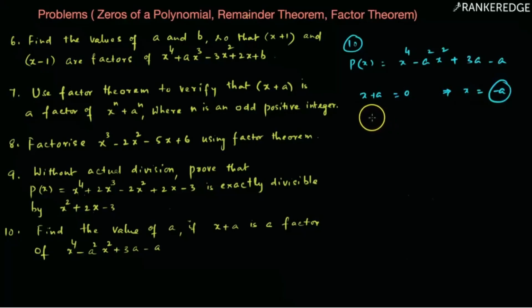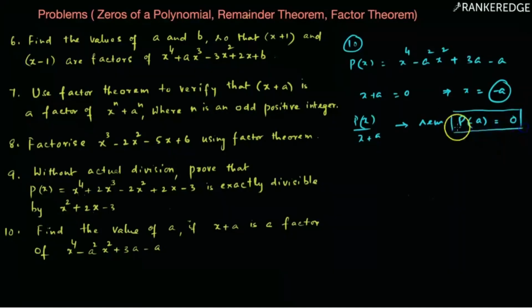Given that x plus a is a factor, it means that when I divide p of x by x plus a, the remainder that I get is p of minus a. This is equal to 0. This is given because it's a factor. This is a factor of this, means that the remainder p of minus a will be equal to 0.